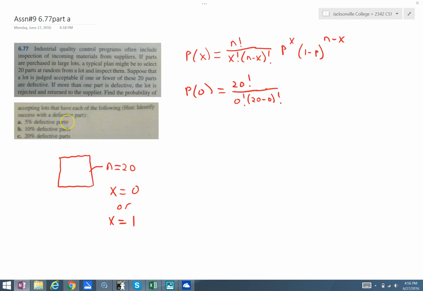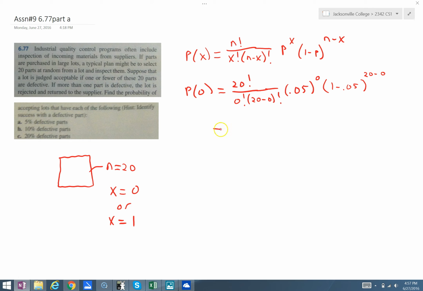In this case, our success is a defective part. So that's 0.05, to the x power, that's number of successes. In this case, 0. 1 minus P, that's 1 minus 0.05, which is 0.95. N minus x, that's 20 total minus our 0.